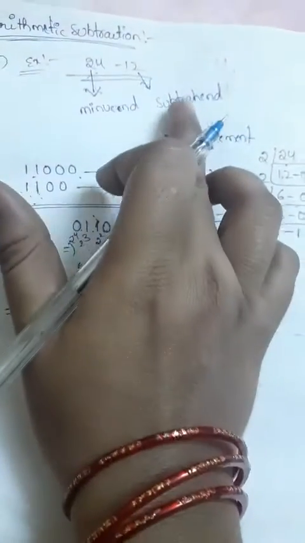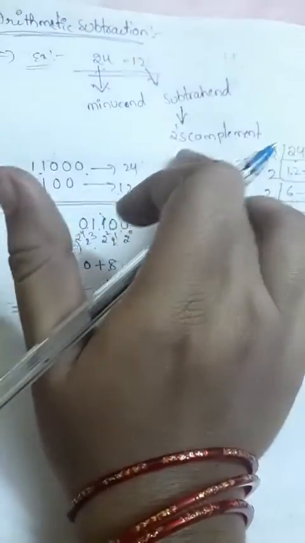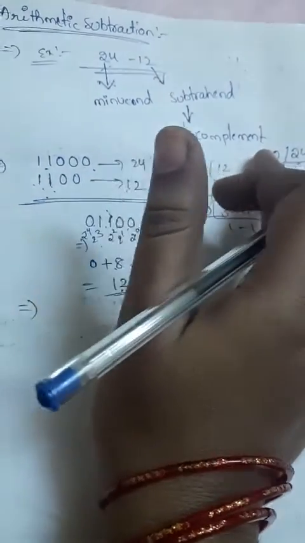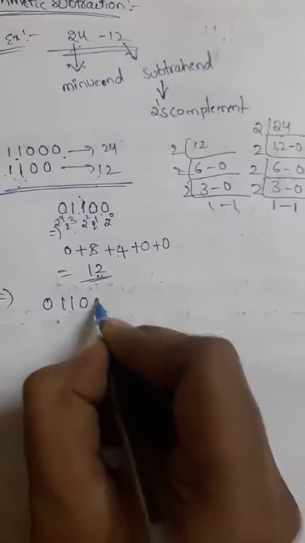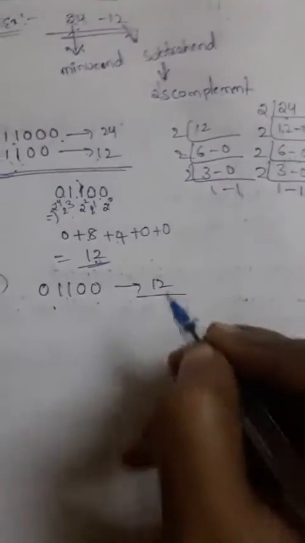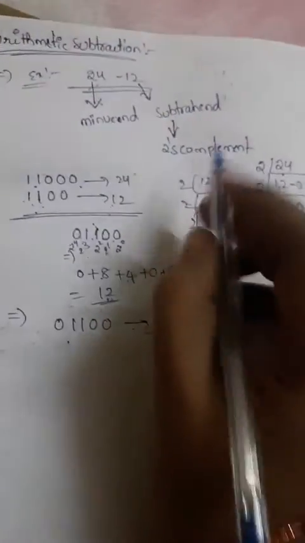Okay, so now we need to do the arithmetic subtraction for this code. First, whatever the subtrahend number is, that will be converted into the 2's complement, right? So what is the 12 number here? That 12 number we can represent as 01100. Now this number will be converted into the 2's complement.